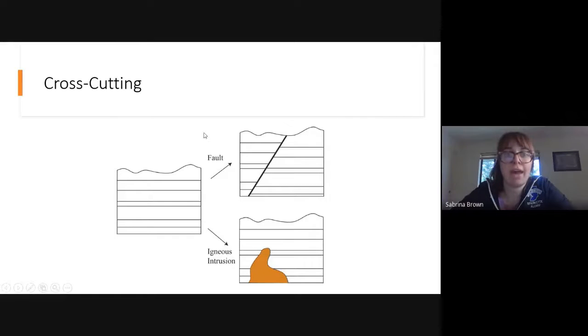So you have to have the quote-unquote piece of paper there before you cut across it with your scissors. You can't cut across it if it's not there. The rocks had to be there first, and then the event, the cross-cutting fault or intrusion, has to happen last.